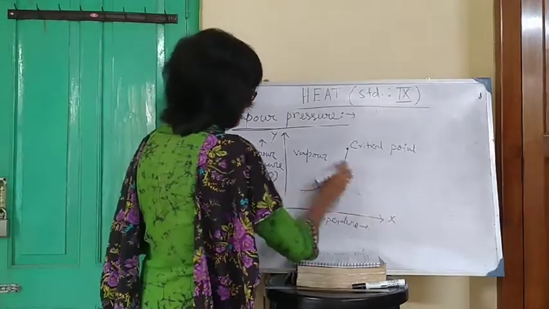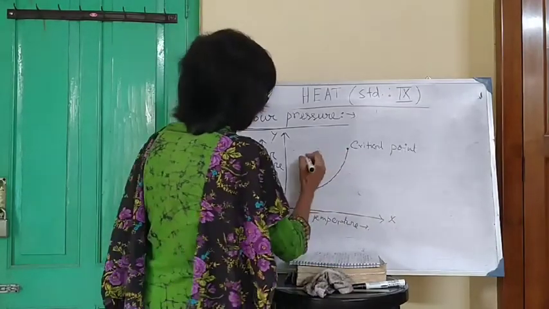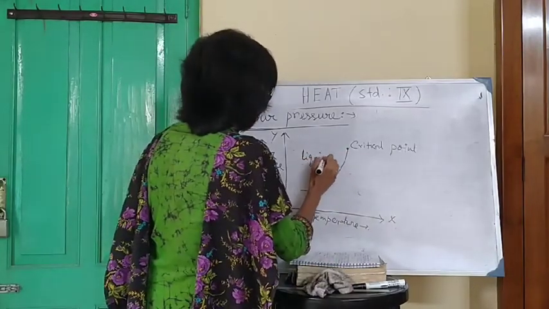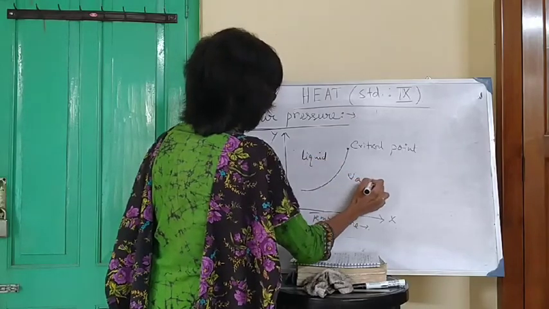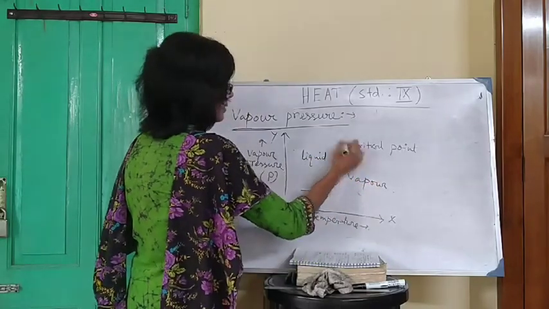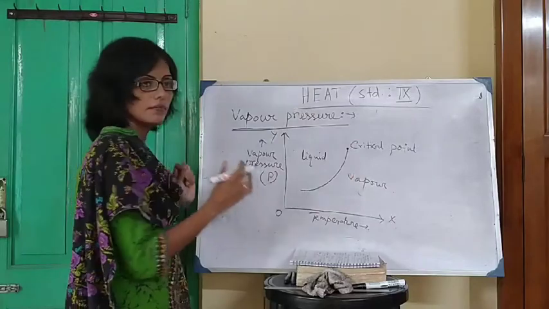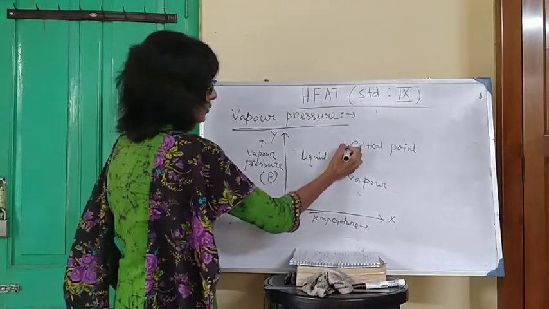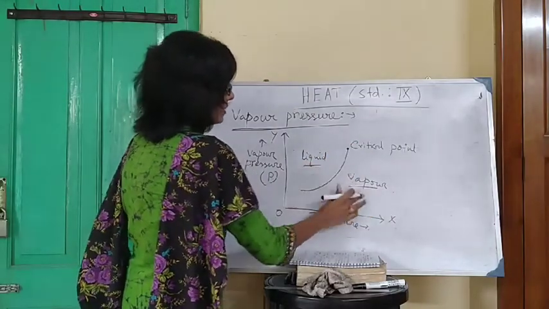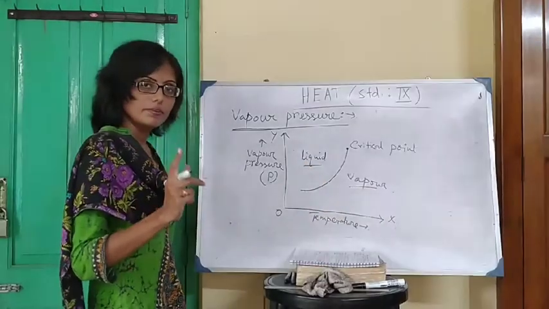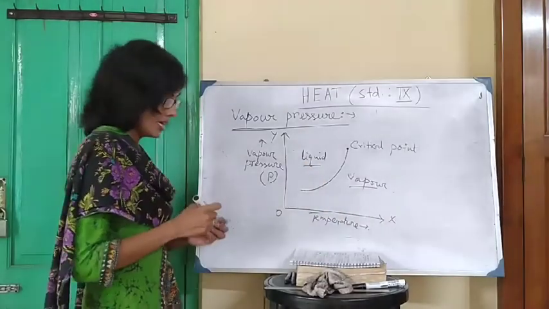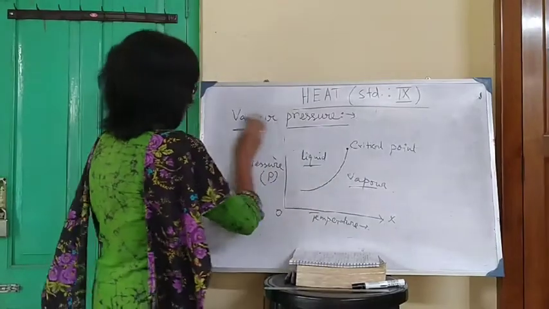Sorry, this part is liquid and this one is vapor. The critical point is the end point of the vapor pressure-temperature graph at which the liquid and vapor coexist and temperature is constant.